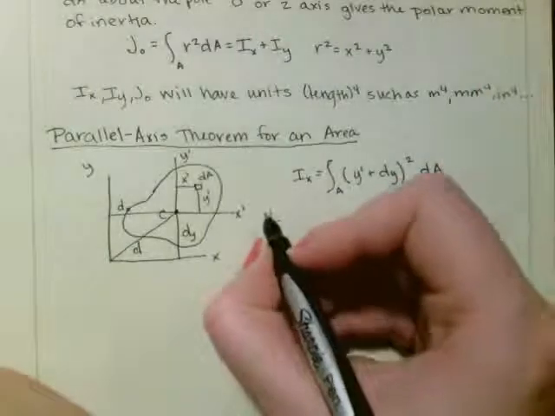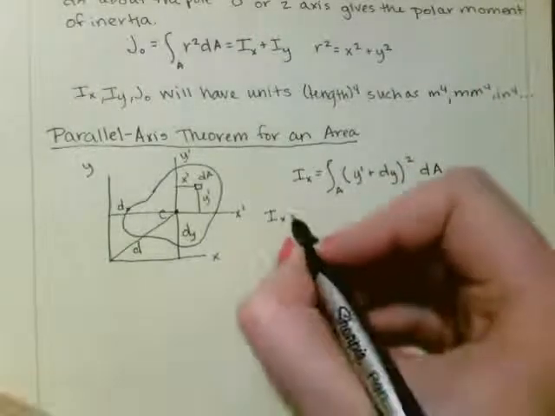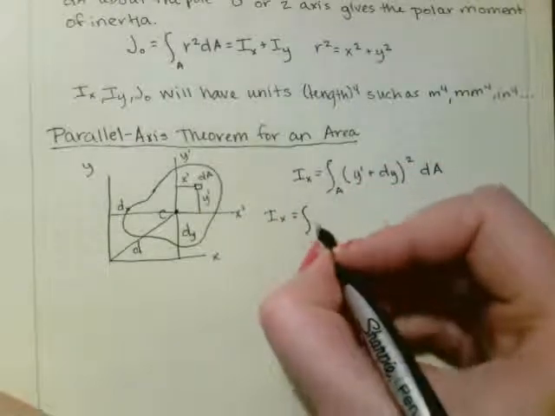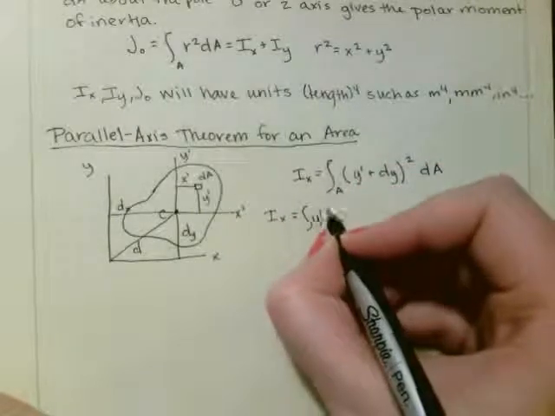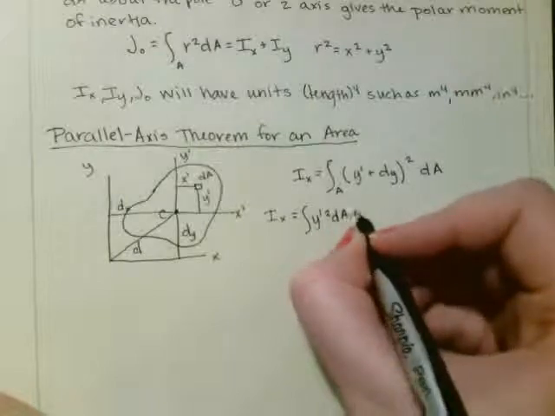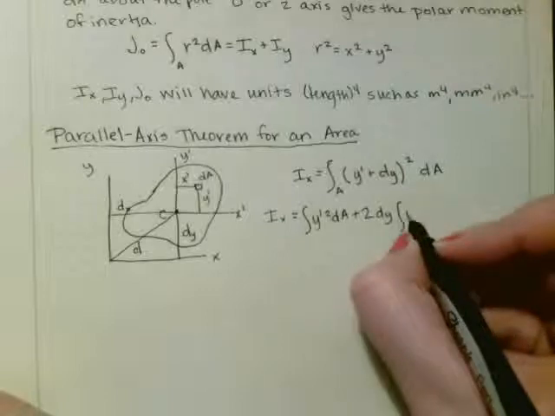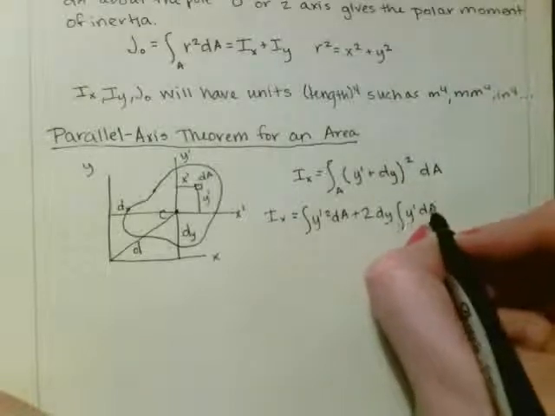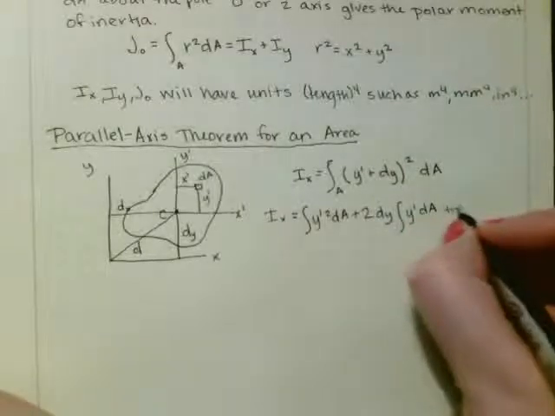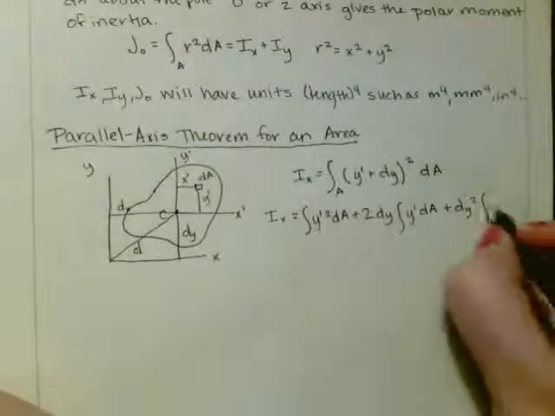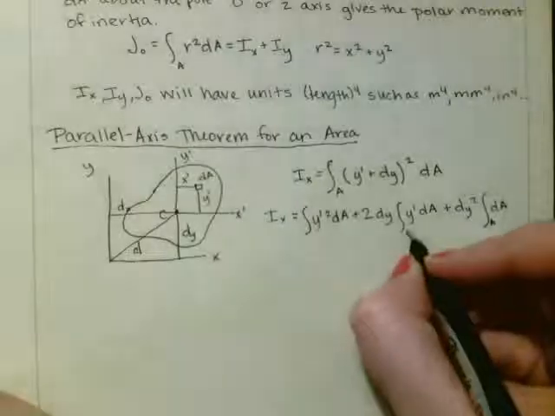So if we multiply this out, we get that Ix is equal to the integral of y prime squared dA plus 2 dy times the integral of y prime dA plus dy squared times the integral over the area of dA.